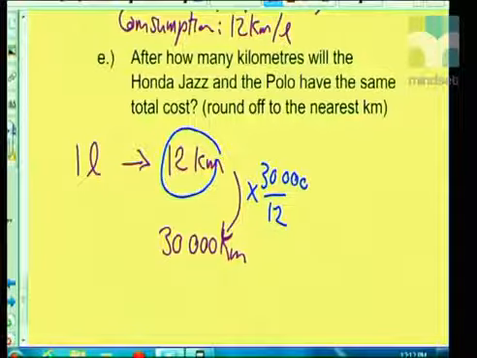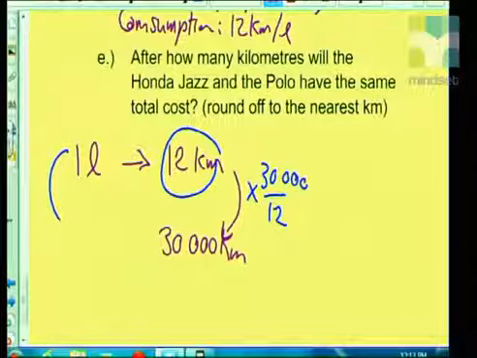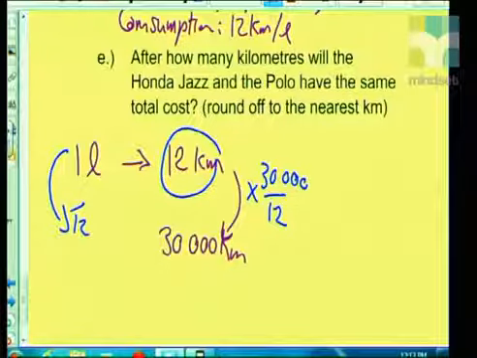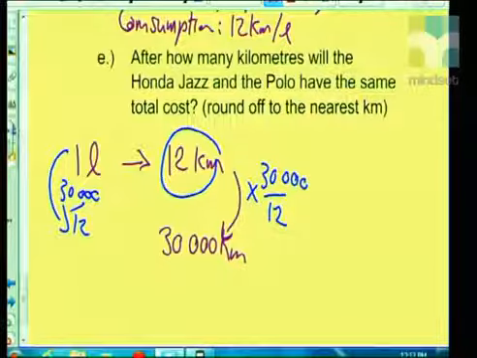I hope you can see that. It's divided by 12, 12 over 12 is 1. Multiply by 30,000 gives me 30,000. What I do to the one side, I must do to the other side. So I'm going to divide this figure by 12 and multiply it by 30,000.